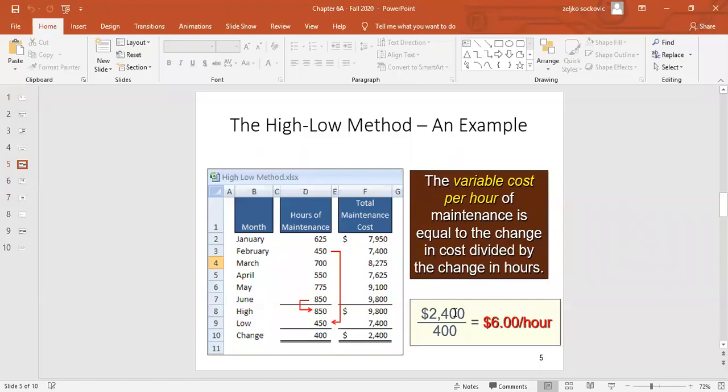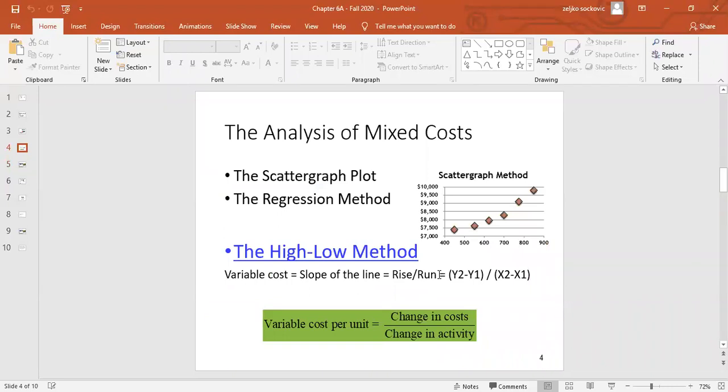So the dollars have to be on top. Here, the mathematical term is slope of the line, rise over run. Rise is the y-axis and run is the x-axis, which is exactly changing costs divided by changing activity.